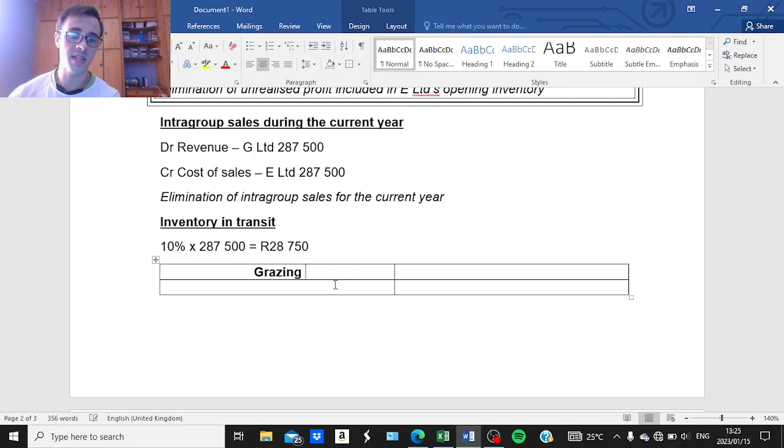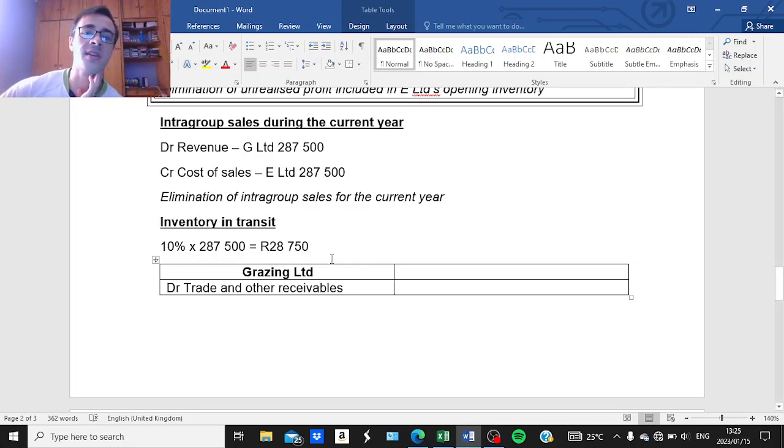So Grazing Ltd has already made the following entry. Okay, they have debited trade and other receivables because the inventory is still in transit, which means that the subsidiary has not yet paid for that inventory.